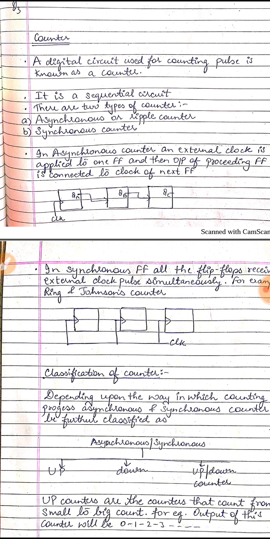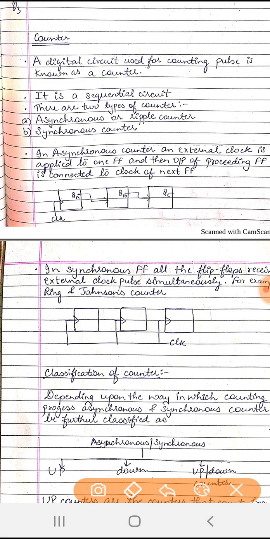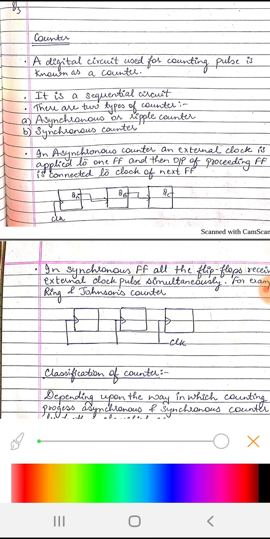In an asynchronous counter, as you can see in the picture diagram, we apply the clock to the first flip-flop, and the clocks to the subsequent flip-flops come from the output of the previous flip-flop.